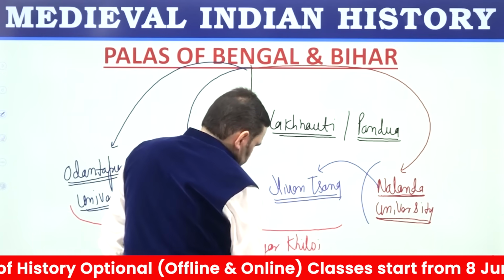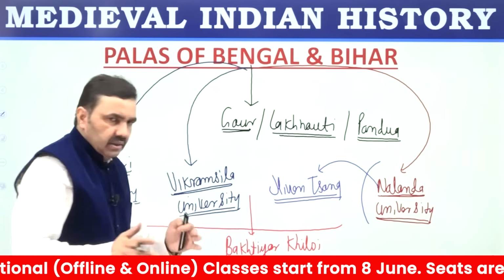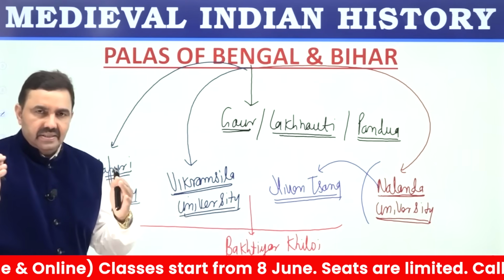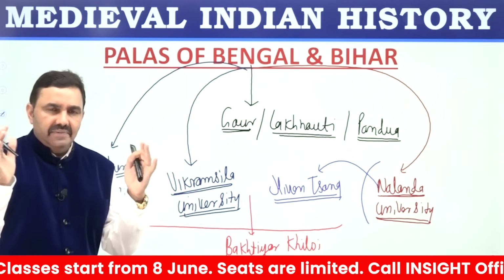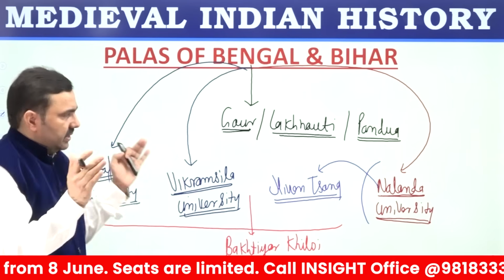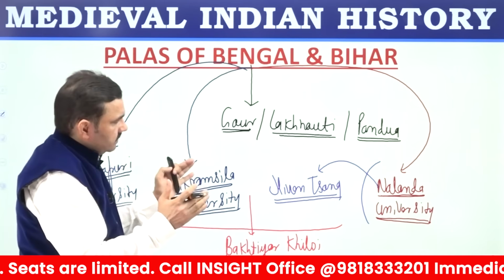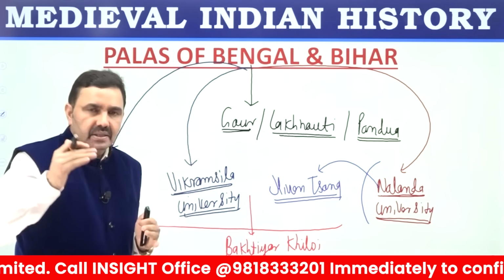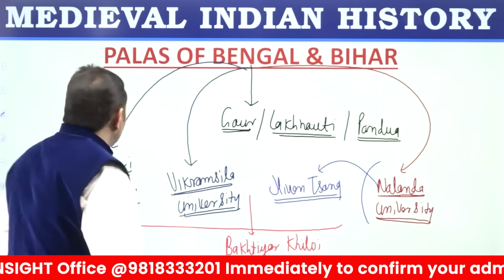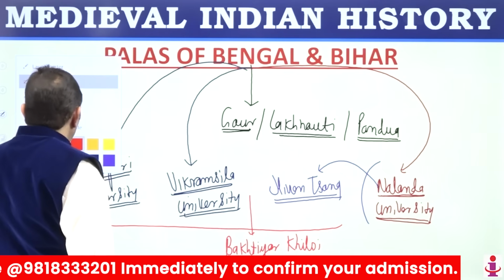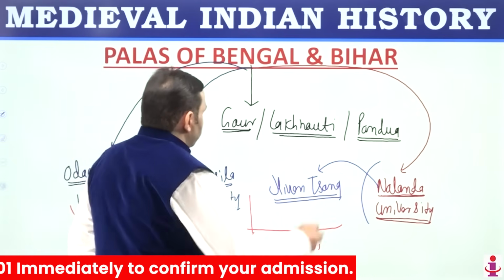He destroyed these universities in around 1195, 96, 97. So somewhere between 1195 to 1200 AD, he conquered Bengal by defeating King Lakshman Sen. Lakshman Sen was the king of Sena dynasty.